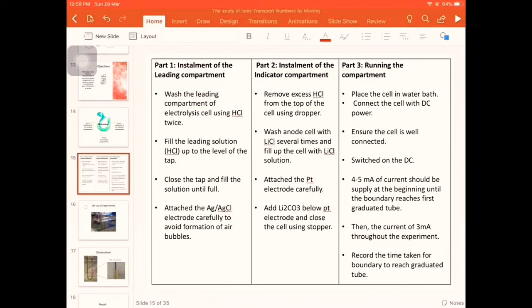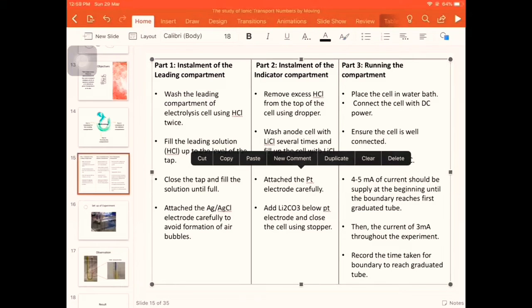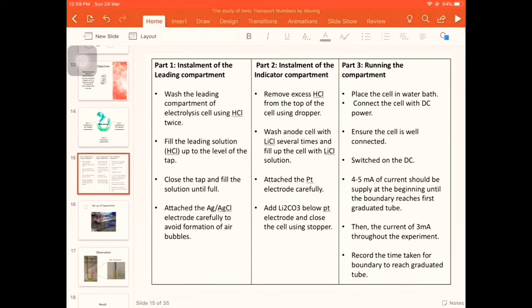We wash with the anode cell several times, then fill up with the lithium chloride solution, and slowly attach the platinum electrode. Then there is some white powder that we use in the indicator compartment, which is lithium carbonate powder. This is simply to increase the concentration of the lithium.